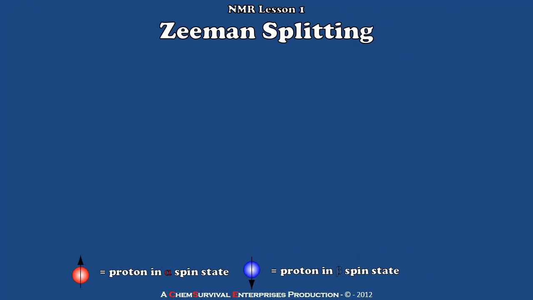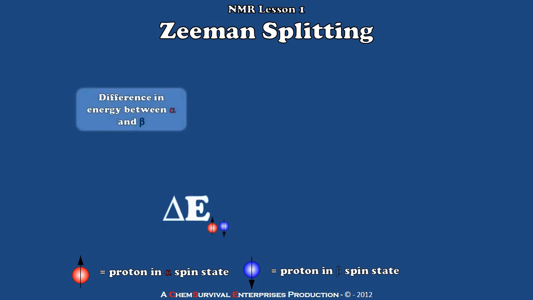What's really important about these 2 different states, alpha and beta, is that there's a difference in energy between them. One is not as stable as the other. So we call this the Zeeman splitting energy.